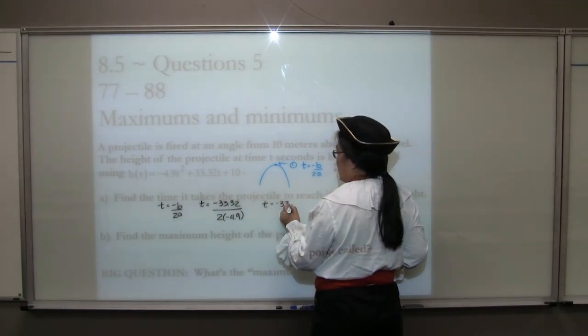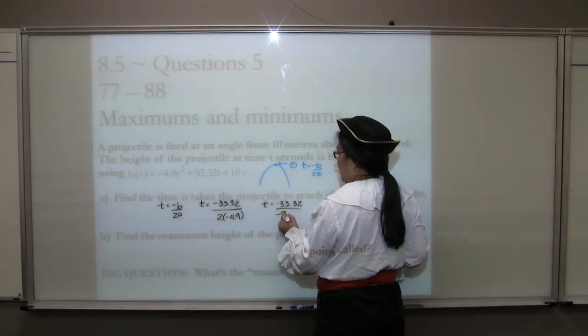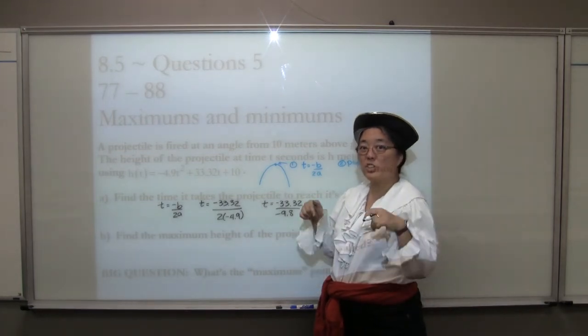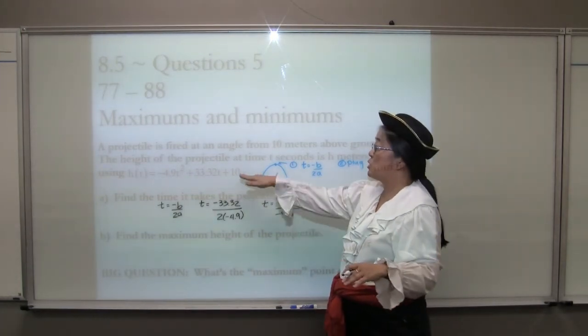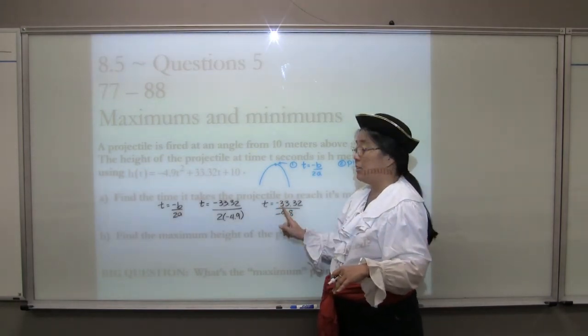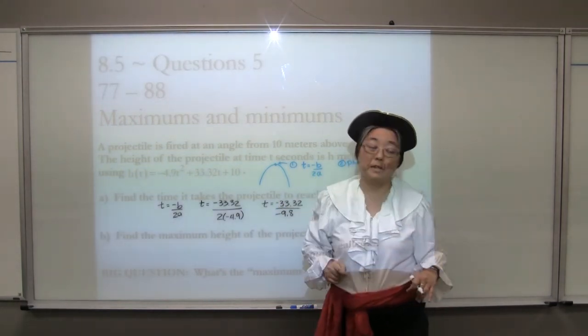By the way, over here, 9.8 has to do with the gravity coefficient of Earth, which means that this projectile is being fired on Earth. We're then going to take this, by the way, negative and negative will make a positive. Take a moment, put it in your calculator.